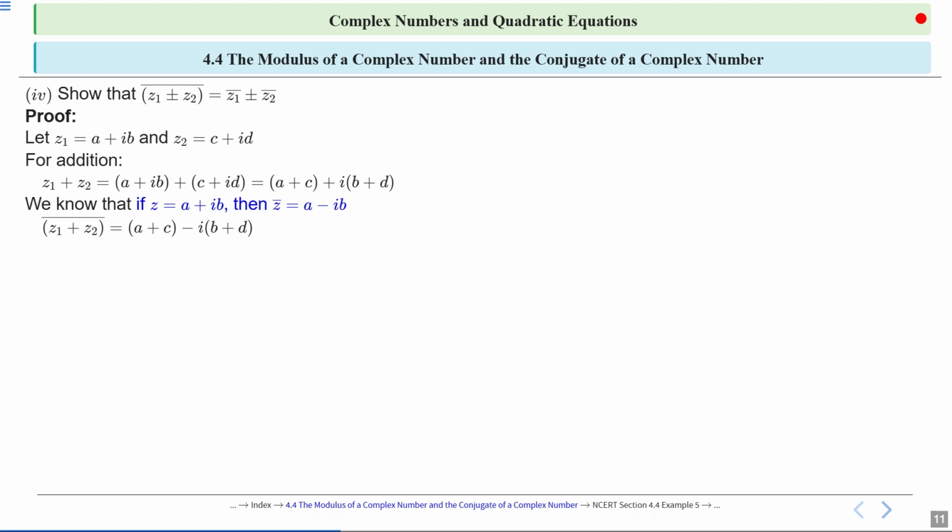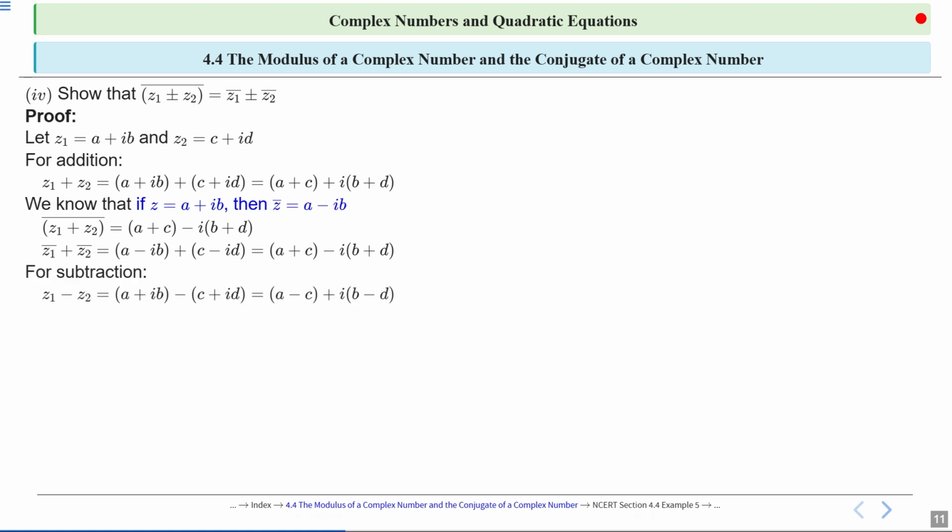Applying this to our sum, the conjugate of z1 plus z2 is equal to (a plus c) minus iota times (b plus d). Now let's look at the sum of the conjugates. The conjugate of z1 is a minus iota times b, and the conjugate of z2 equals c minus iota times d, which simplifies to (a plus c) minus iota times (b plus d).